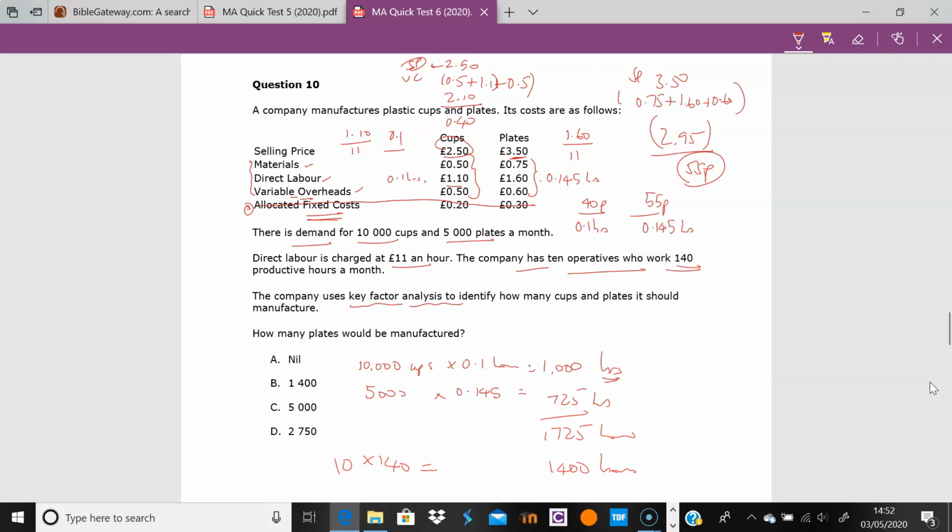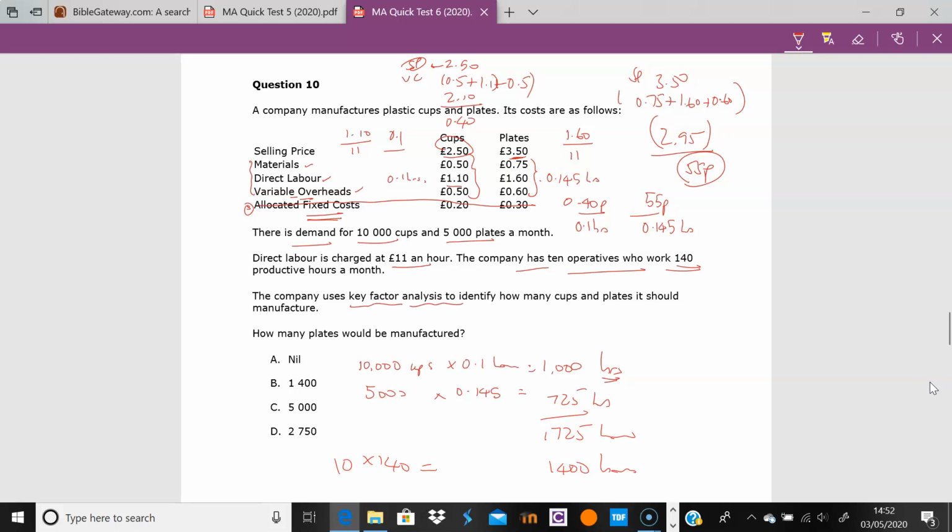Which one is better? What's the better yield, the better return? I need to divide these two things to see who's giving me the better yield per hour.